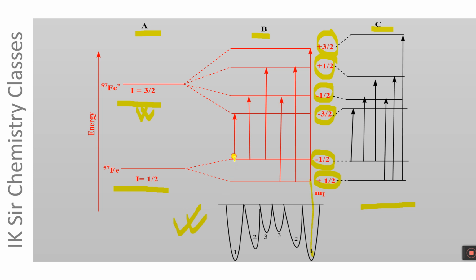For example, this transition gives rise to an absorption peak, and this absorption peak has been represented by 1. Similarly, this transition gives rise to an absorption peak, and it is absorption peak number 3. It will be discussed later on. Thus, 6 transitions are possible among these nuclear sub-energy levels from the ground state to the excited state, and hence 6 absorption peaks are obtained.